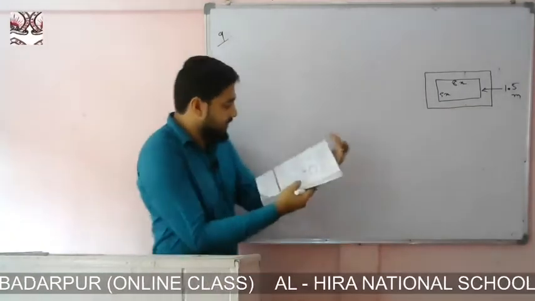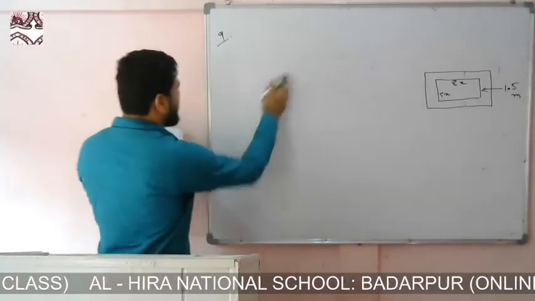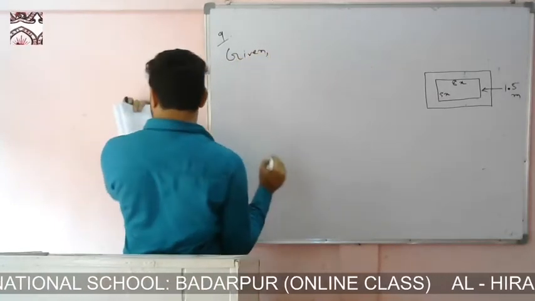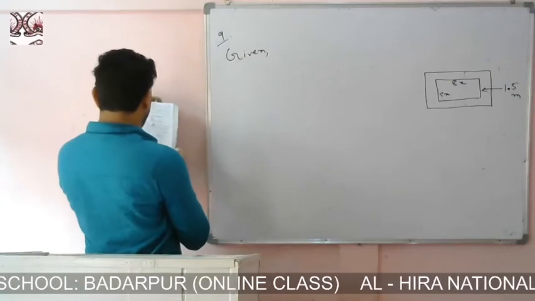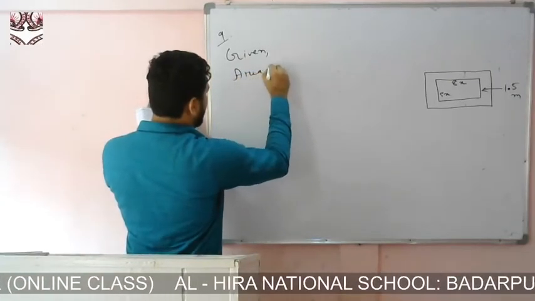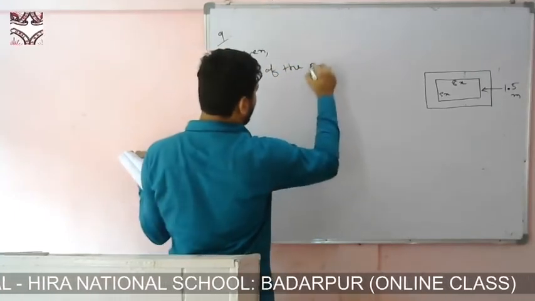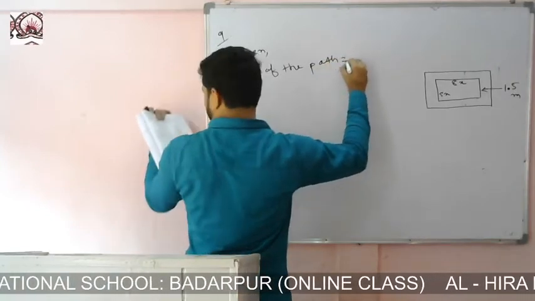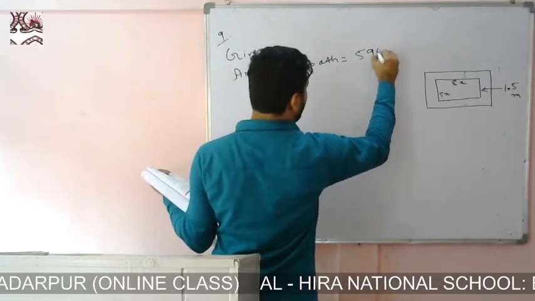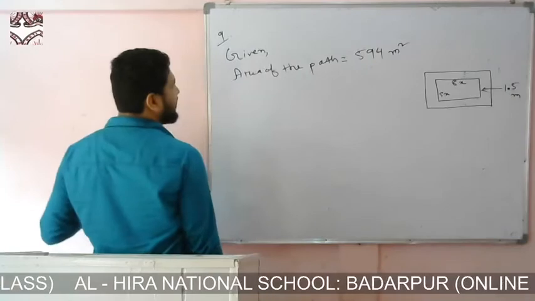Okay. So you see, first you write given. First you write what is given. Okay. You see, given area of the path equals to what? 594 meter square. Okay, 594 meter square.